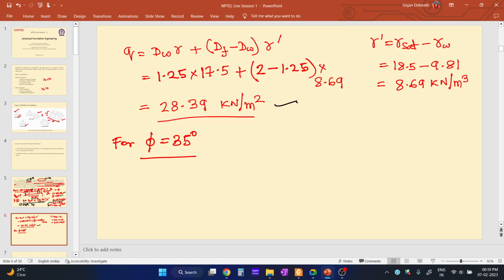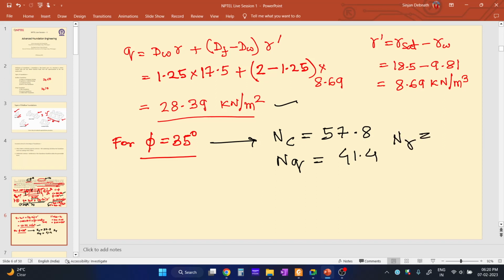Now, for phi equal to 35 degrees, if you refer to Terzaghi's bearing capacity factors chart or the formulas, that is Nc, Nq, N gamma, from the chart you will get the values: Nc is 57.8, Nq equal to 41.4, and N gamma equal to 42.4.